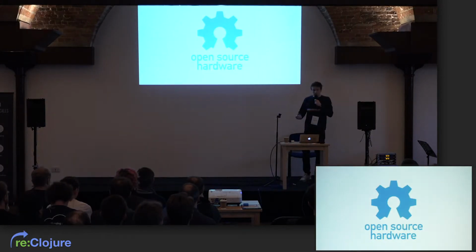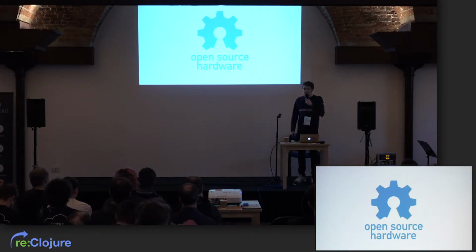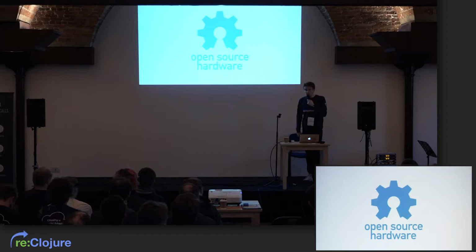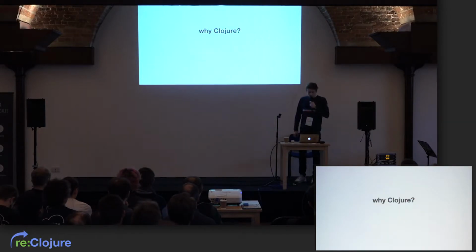So the way to change that mode of production is already known: open source hardware. Today I'm going to try to make the case that we can use Clojure to build open source hardware. Maybe we can turn ourselves, all of us Clojure programmers, into artisans of open source hardware.